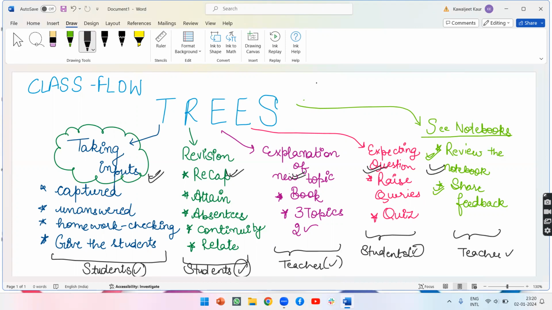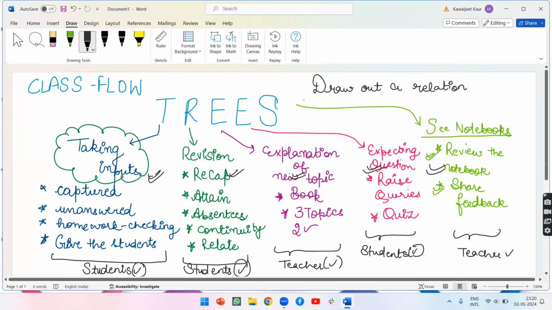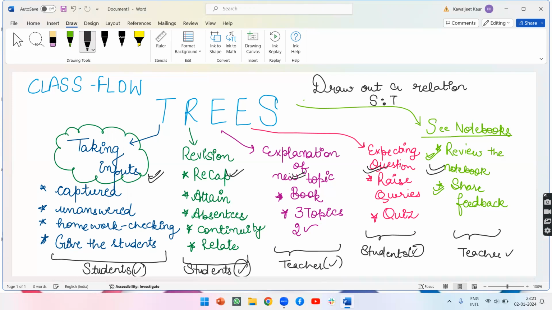So we can draw out a ratio of the participation in a class. We can see 3 to 2. The student-teacher ratio would show how much involvement we can see.